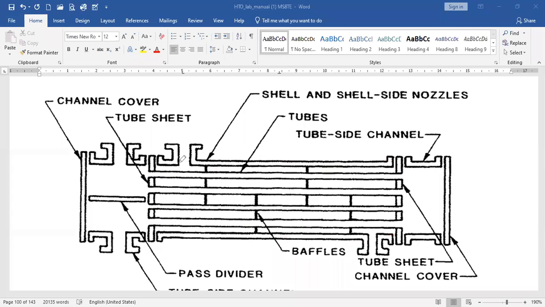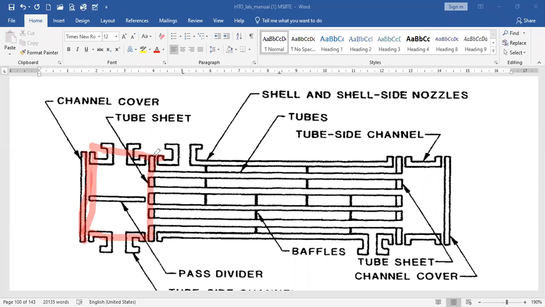Now if you observe carefully, there are different types of parts in the shell and tube heat exchanger. Here it is a channel. This area is called the channel, where we can pass the tube side fluid.